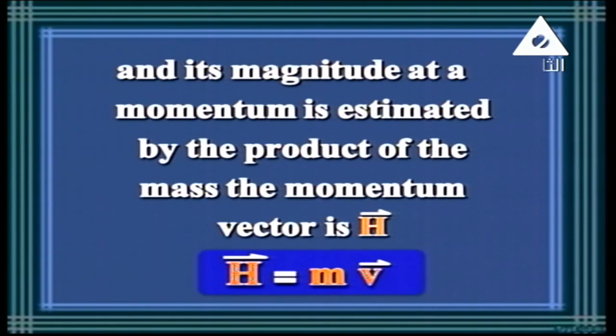My dear student, momentum is the product of mass and velocity. Mass of the body, its symbol m, has no direction, but velocity has direction, and also momentum has direction.